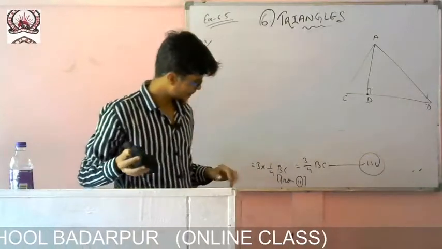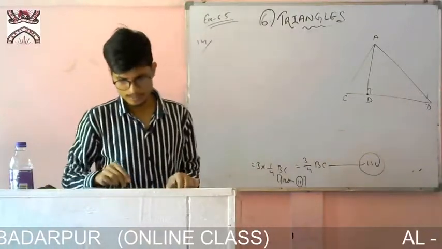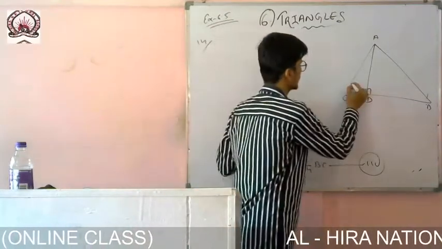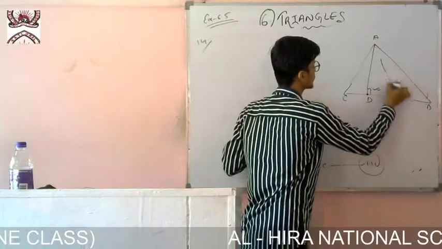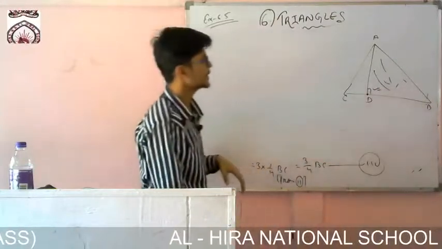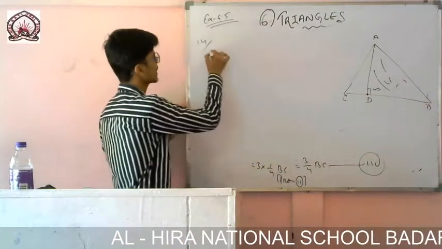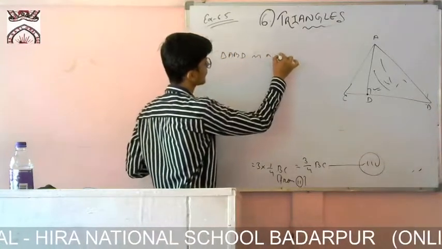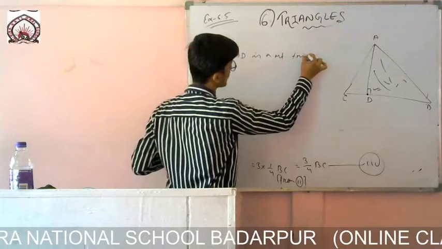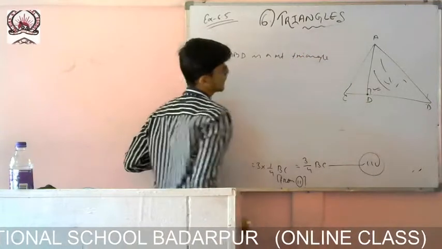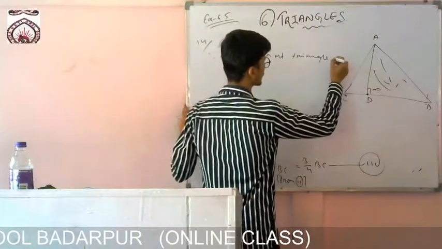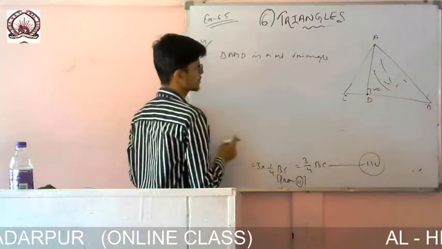Now you see one thing. Since ABD is a right triangle, there you are talking about this triangle. So you write, since triangle ABD is a right triangle, I can use Pythagoras theorem.